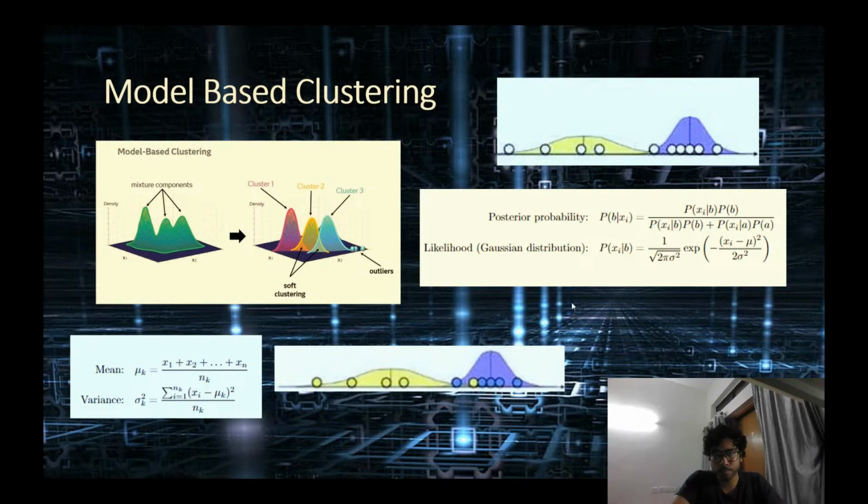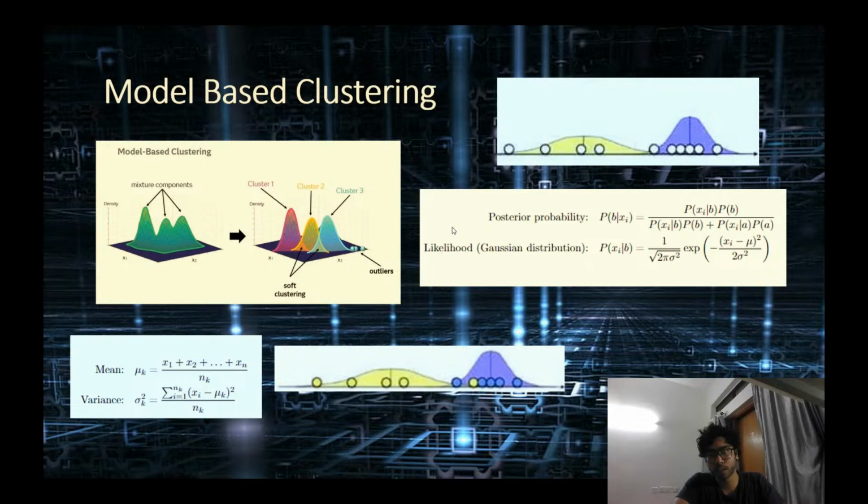Okay, so coming back, as I was saying, you don't have labelings in this case. So what you do is you take a Bayesian approach to this problem. Initially you have this data. What is the likelihood? You choose it to be a Gaussian function.